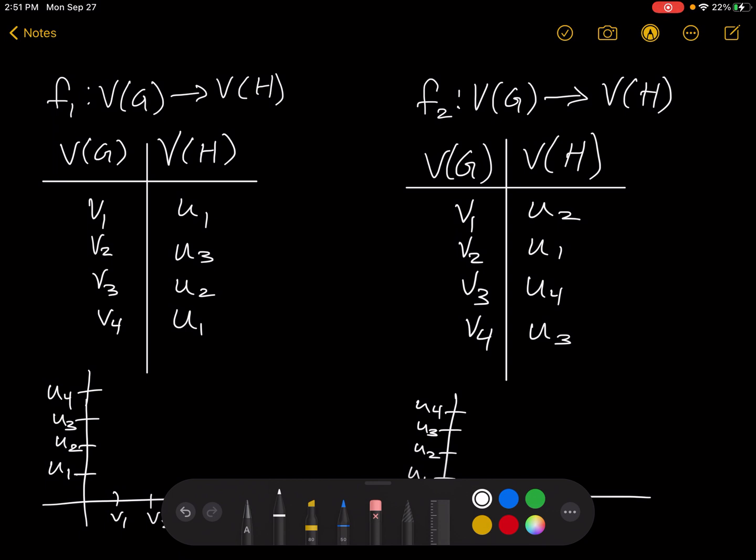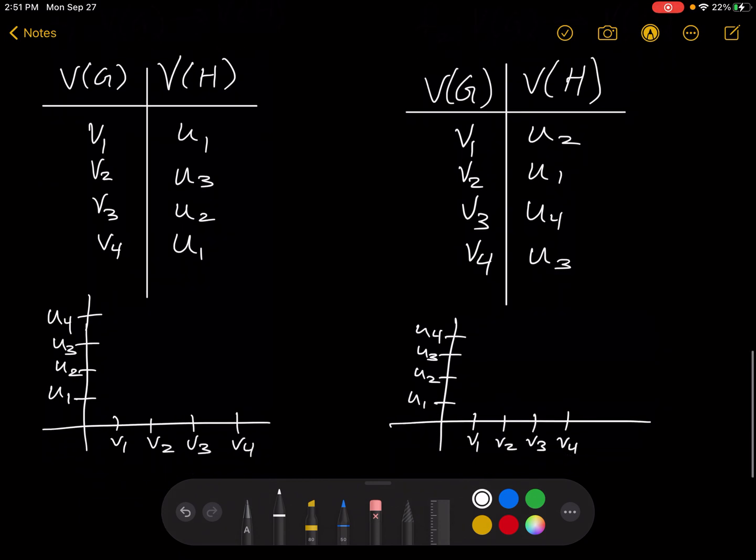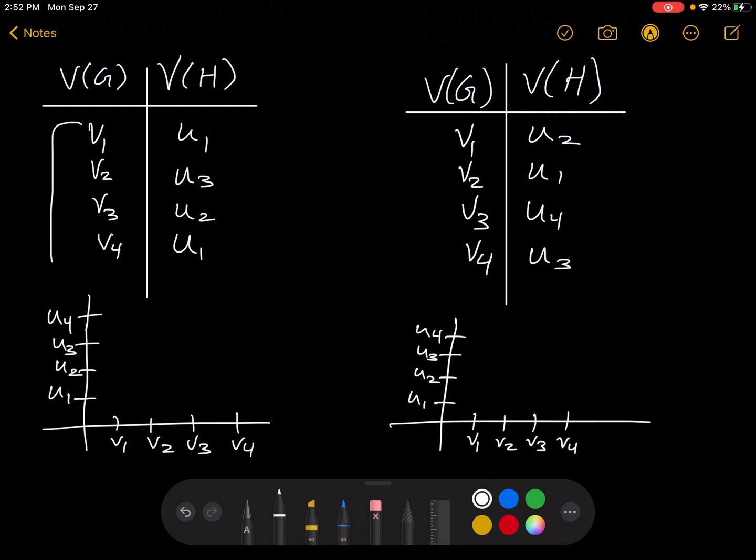We know these are functions because notice that every element of the vertex set for G is listed here, and there are no repeats. So if all of them are listed and there's no repeats, then it's a function. Here, all of them are listed. There's no repeats, so it's a function.